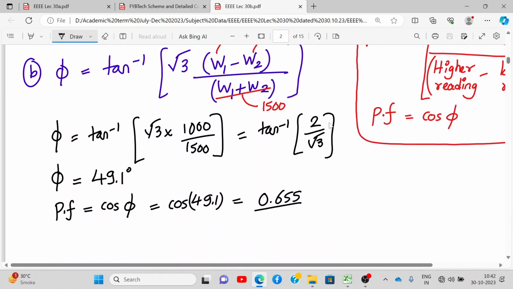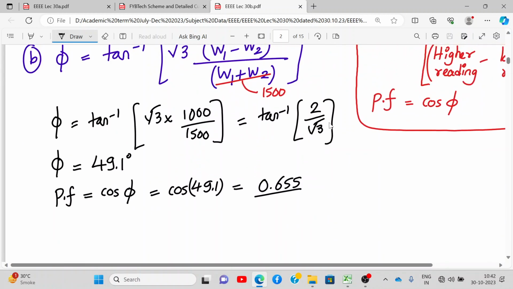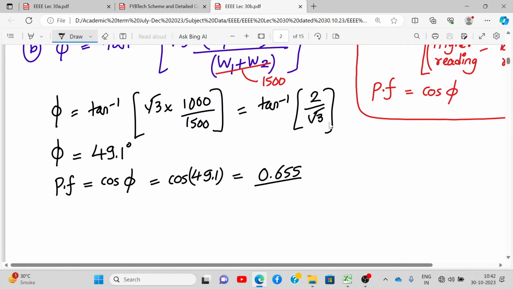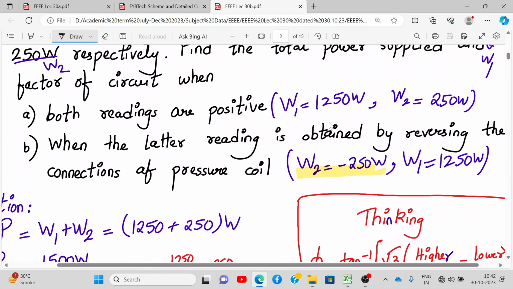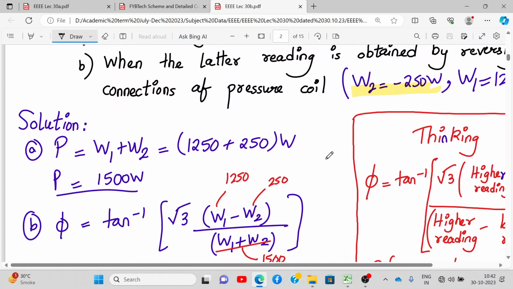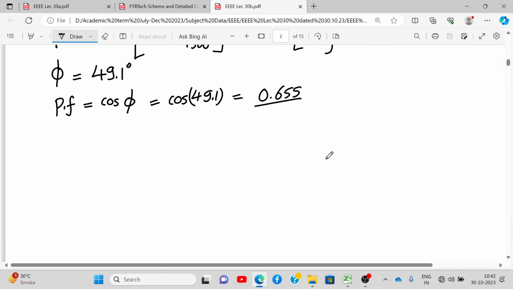Okay. For the second case, what you will do? Same thing. Can we start with the next one? For the second case, W1 is 1250, W2 is minus 250. So repeat the same thing for case number 2. Are you following? Okay. So let's see. For case 2, W1 is 1250 watts and W2 is minus 250 watts.